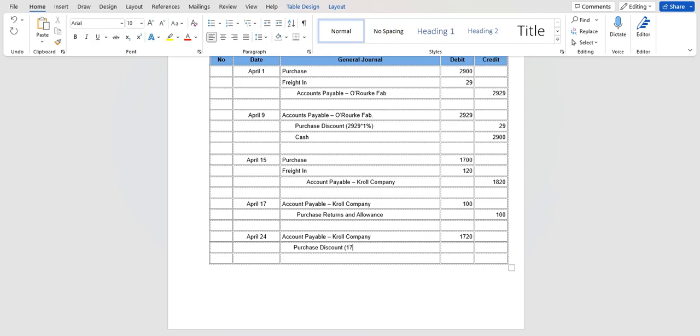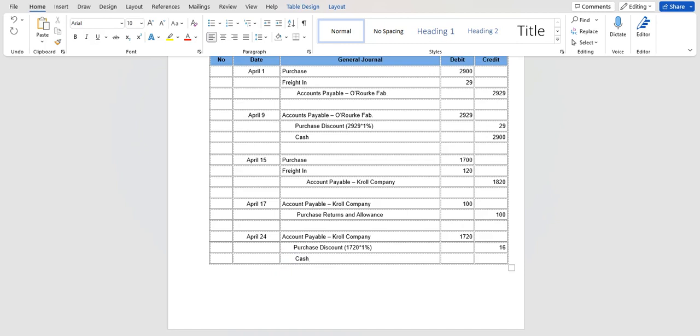So we're going to take the $1,720 and we're going to times it by 1%. Okay, and that should leave us with $17.20 as our debit, as our credit, excuse me.